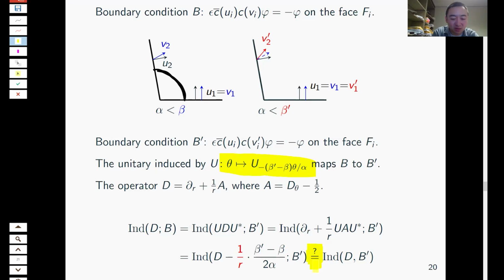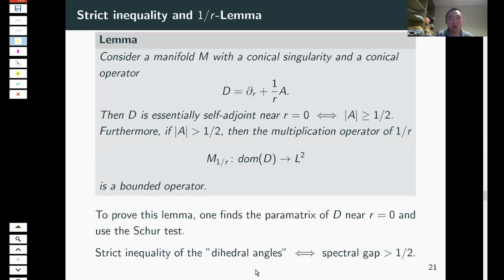But in this situation, it's an unbounded function. 1 over r is unbounded near the origin. But fortunately, in this picture, 1 over r is actually a bounded function in terms of the operator norm. So let me call it the 1 over r lemma.